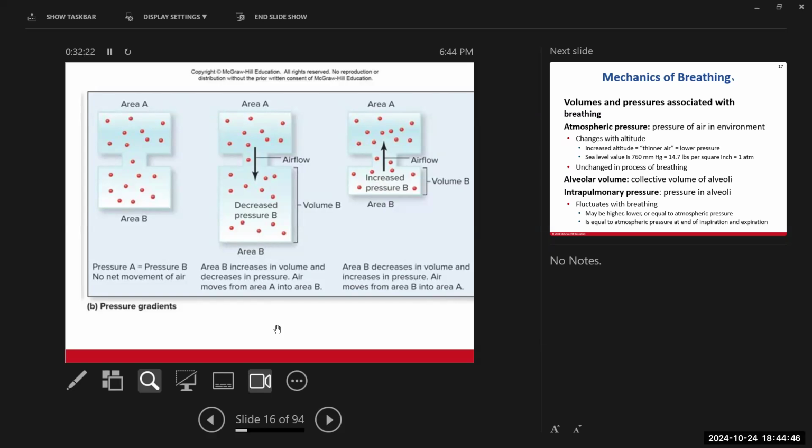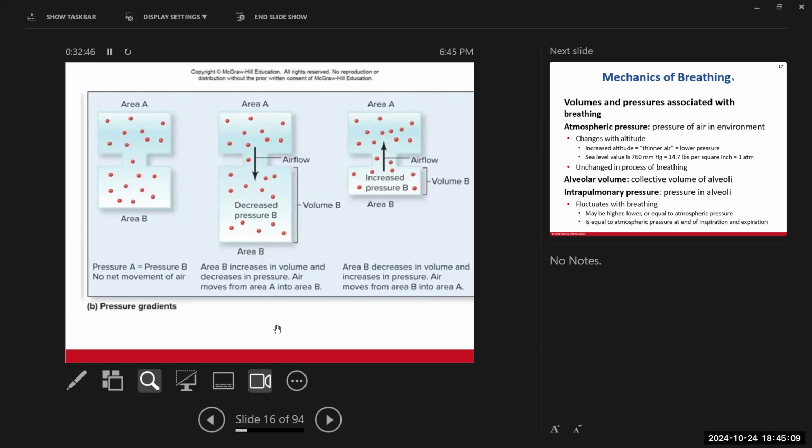Now notice here in this second example, you have a larger volume in area B and a smaller volume in area A. But what do we know with Boyle's law? Boyle's law says in an area with a large volume, what's the pressure like there?